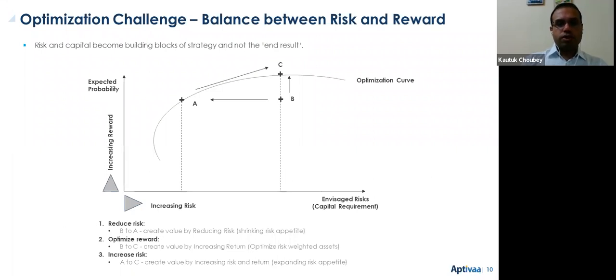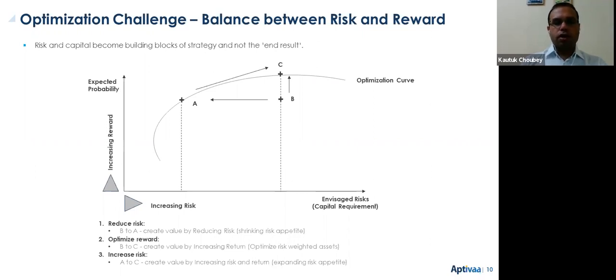The second choice that an organization has is the optimized reward. In this, the value is created by going from B to C. So you are trying to optimize along the curve, but in this sense, the risks are not increased. The organization operates with a static risk appetite, and this also, after a certain amount of time, would hinder the organization's growth and growth plans.